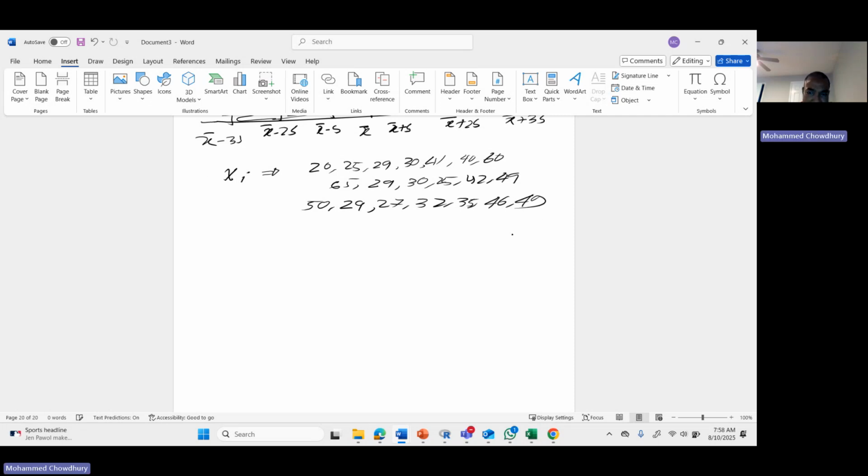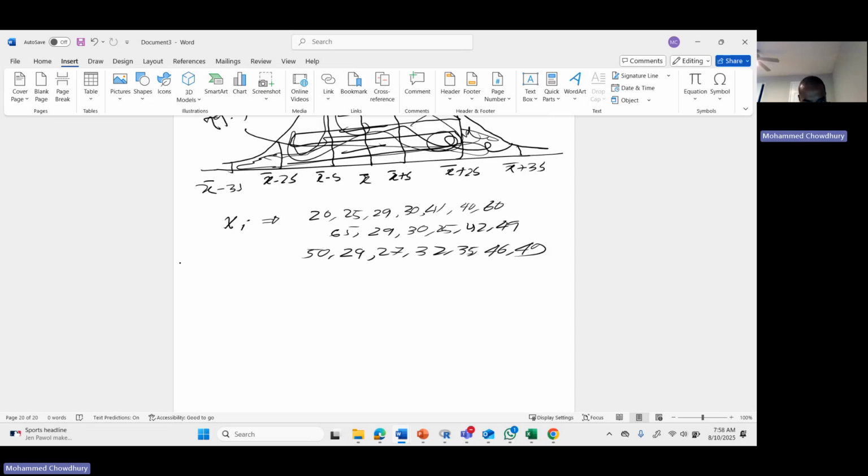So suppose x's are in this format, and also suppose these x follow a normal distribution. If we plot this x, it follows a symmetric bell-shaped or mound-shaped distribution.